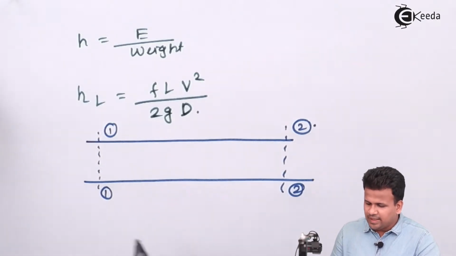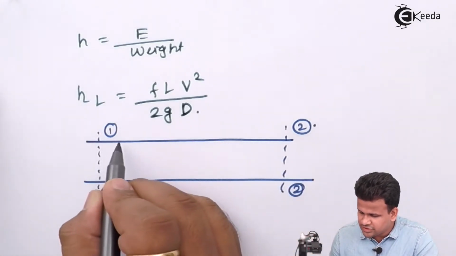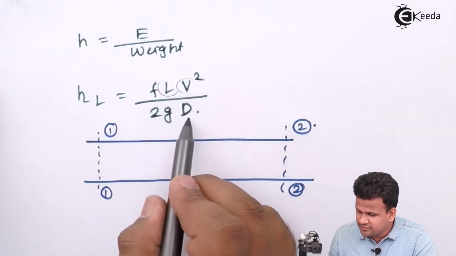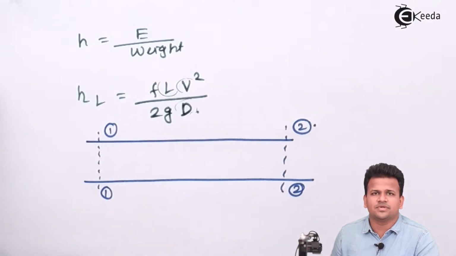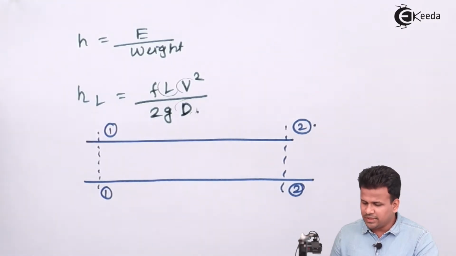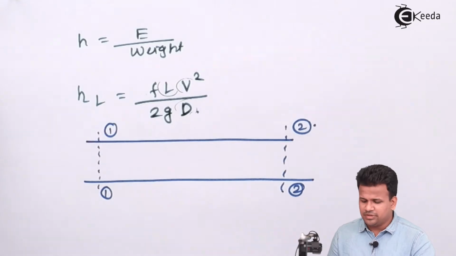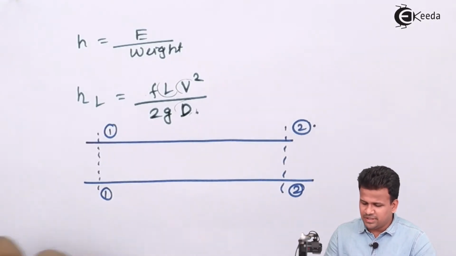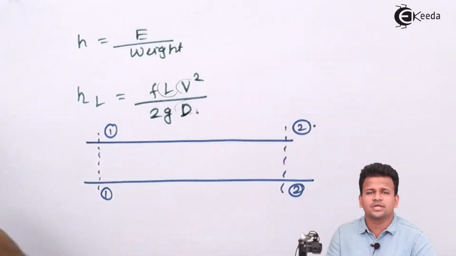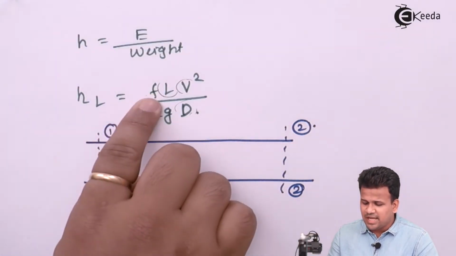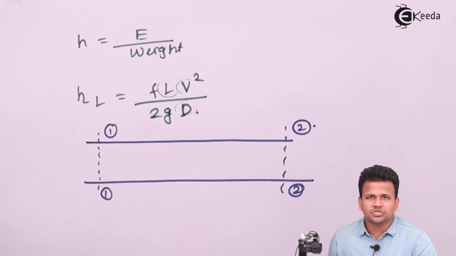The head loss due to friction depends upon the length of the pipe, velocity and diameter of the pipe, and another quantity called the roughness of the pipe. How rough the pipe is on its edges, the degree of roughness on these edges, is defined by this f. This is called the friction factor.